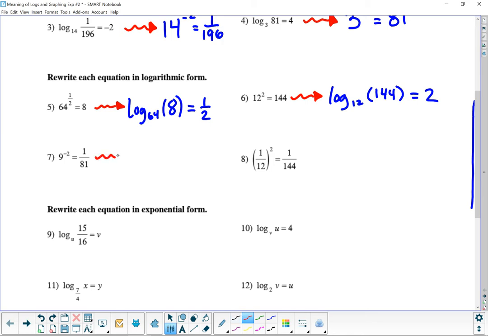Okay, this one right here, since it's exponential base 9, then we will have log base 9. And the base 9 for log is a little teeny tiny subscript. All right, so log base 9 of 1 over 81 is going to equal, and then the exponent is negative 2.